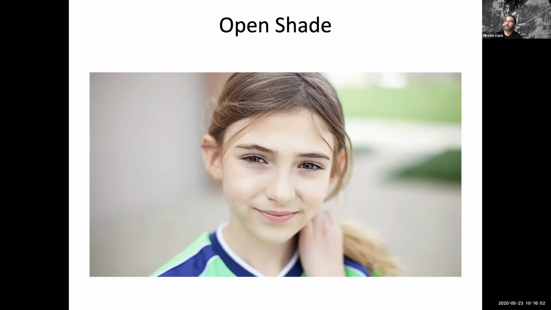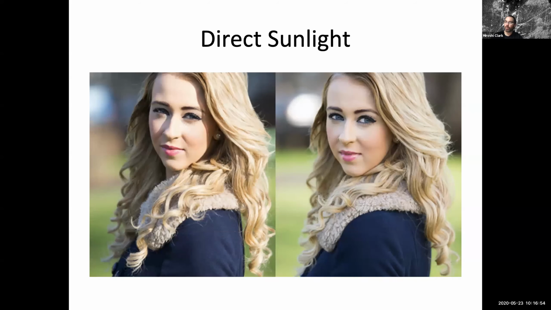Here's an example of direct sunlight on the left and open shade on the right. Oh, so then maybe you get softer shadows. Okay, look at the shadow here. This is a hard shadow, right? And look how it's soft over here. So it's softening up, and that's the quality of light.